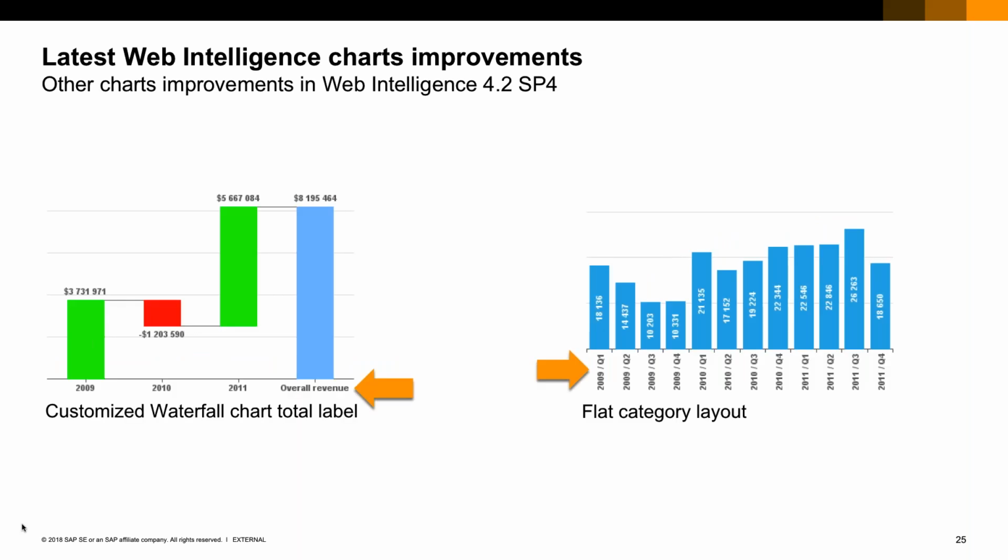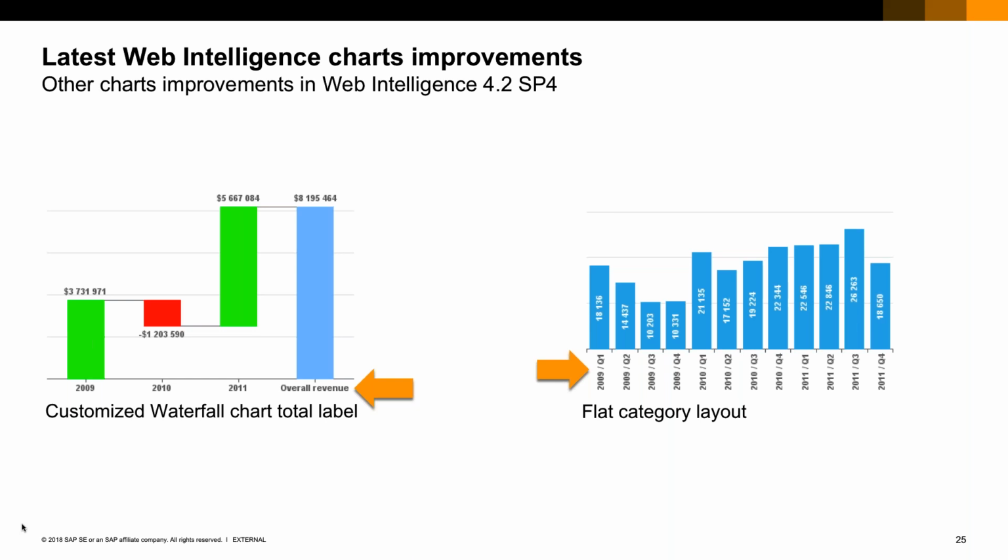With little improvements, you can customize the total in a waterfall chart. You can call it whatever you want, and you can also have a flat category layout. This is when you use several dimensions on the chart.